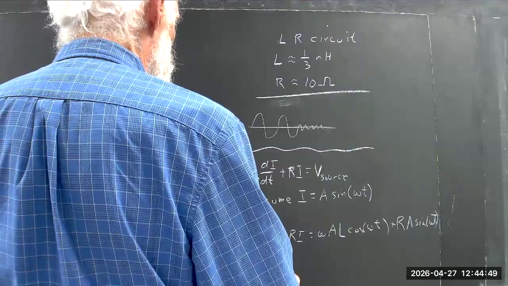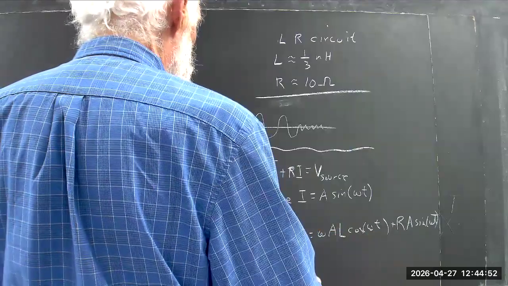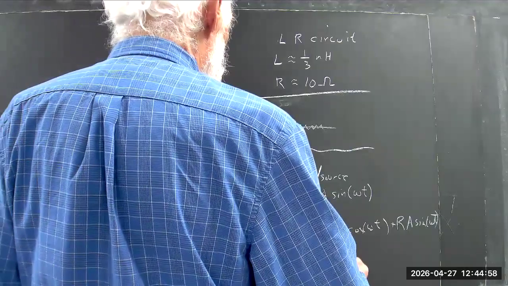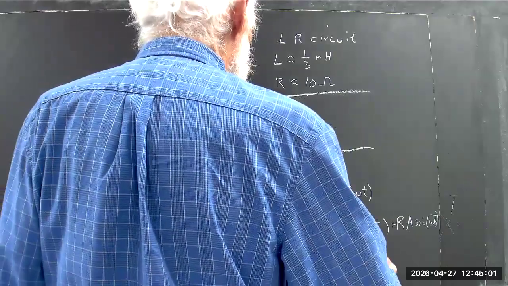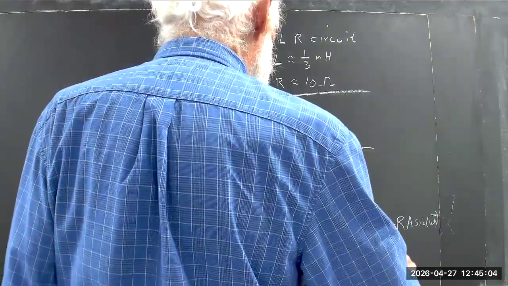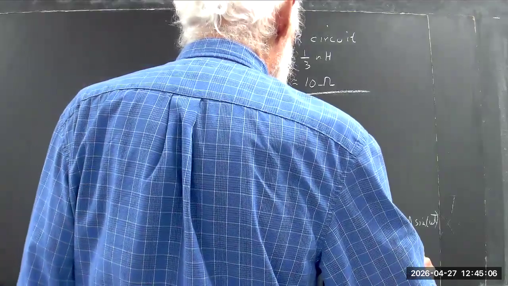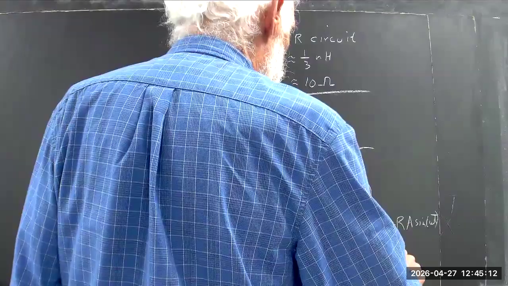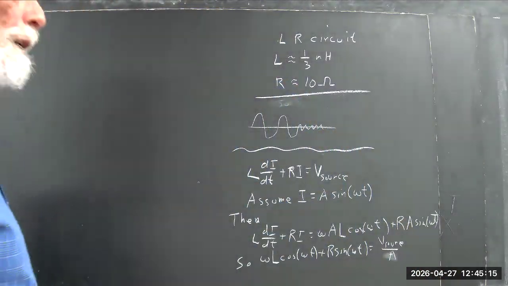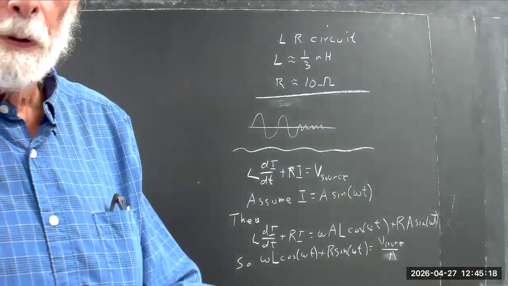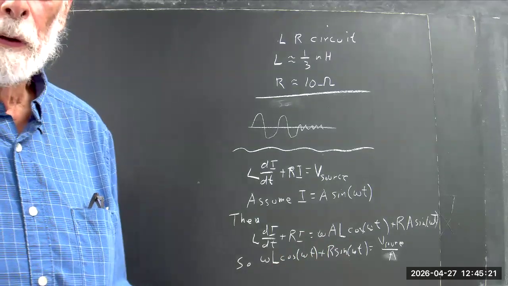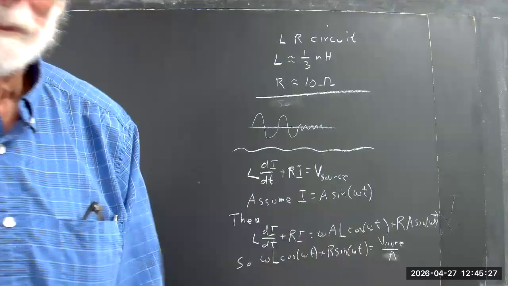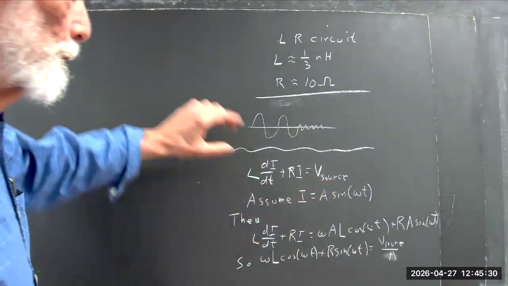So I'm going to get the A out of there: omega L cosine of omega t plus R sine of omega t equals the voltage of the source over A. A is just a constant we throw in there, and we can adjust that constant just by turning the output up or down. We get more or less current. The essence of the solution doesn't depend on A, just the amplitude of what we get.